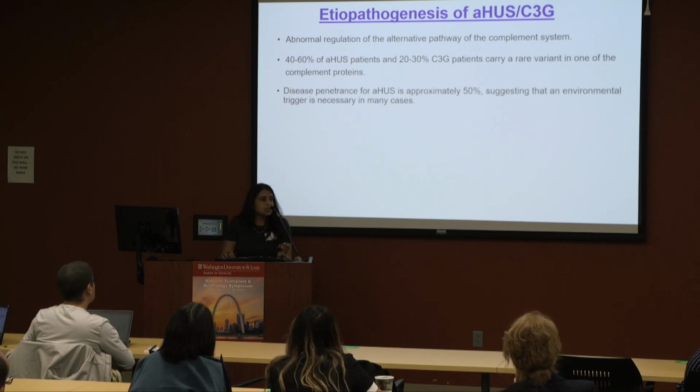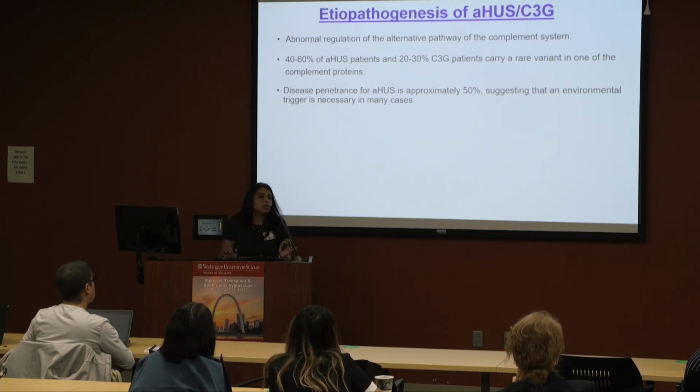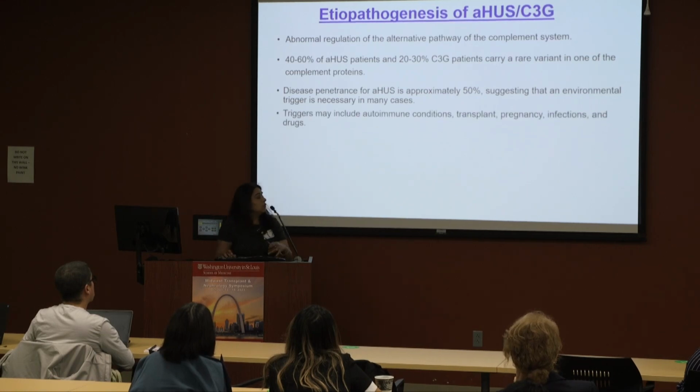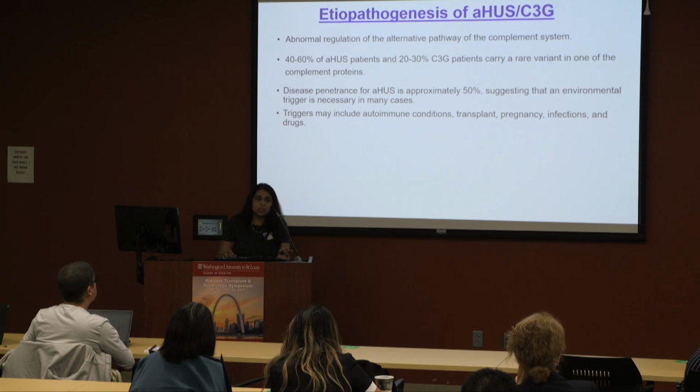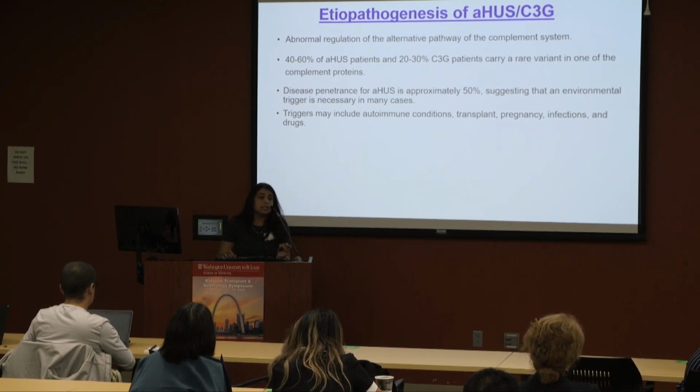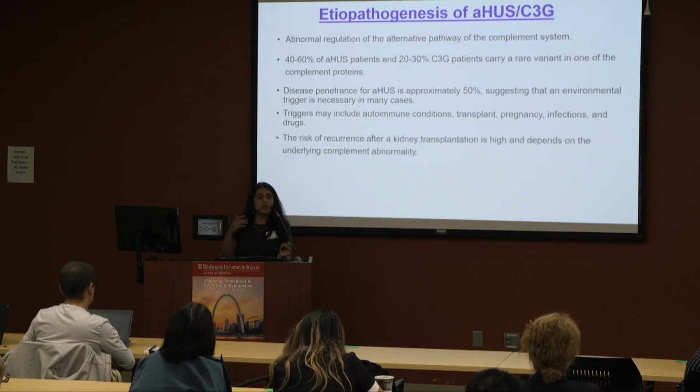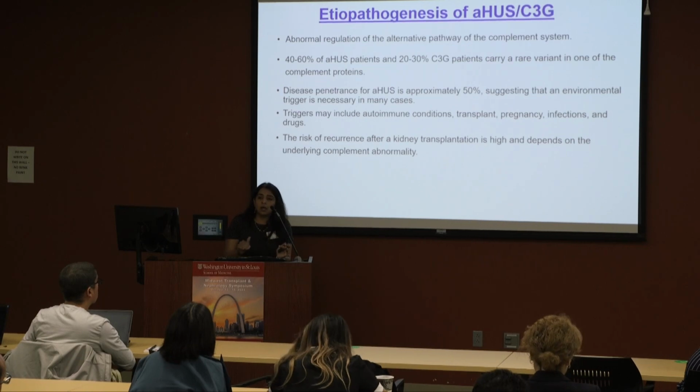Now, aHUS is also considered a disease of incomplete penetrance, which means that despite these patients carrying mutations, there is often an environmental trigger that is required, and that trigger is often multiple things. It could be an autoimmune disease, transplant surgery, drugs that we use like CNIs, infection, CMV, BK, or pregnancy.